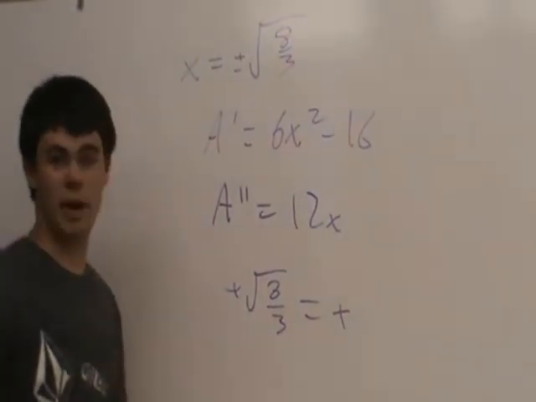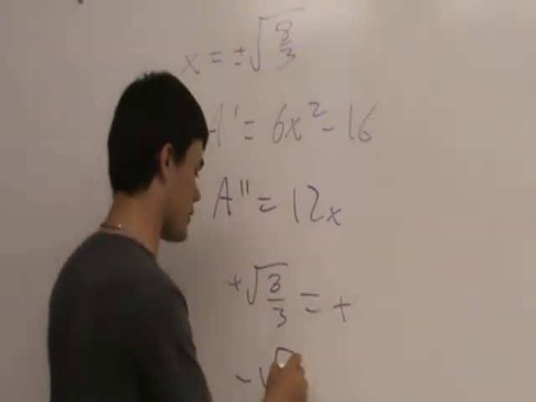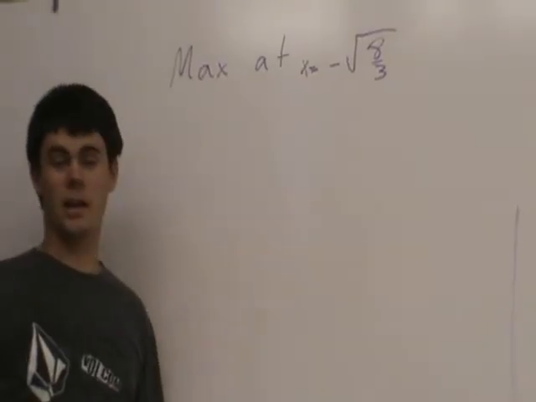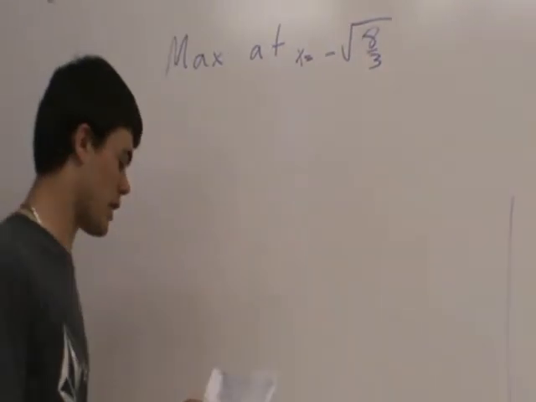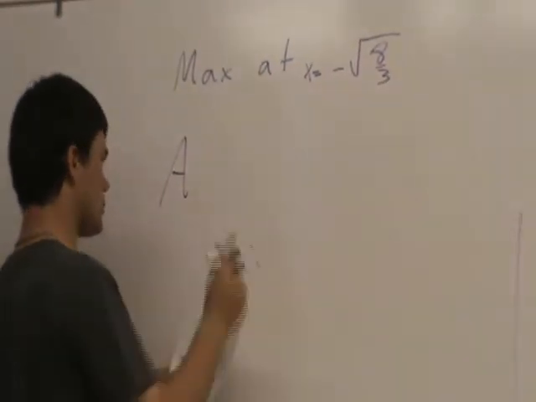We're trying to maximize this, so we want the negative, so we need the negative square root of 8/3. Now that we have our max, we plug it back into the original area equation, which we had in one variable.